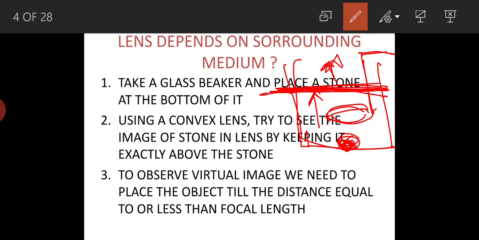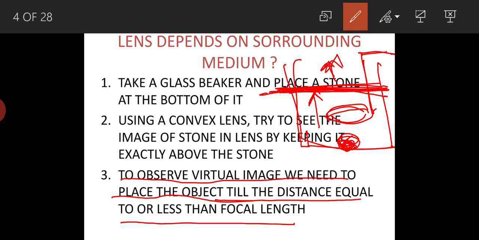To observe the virtual image, we need to place the object at a distance equal to or less than the focal length. It means to observe the virtual image of this stone inside the lens, we need to place this lens till this focal length value.